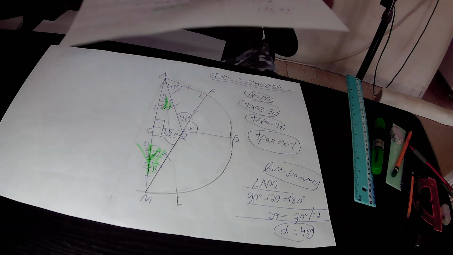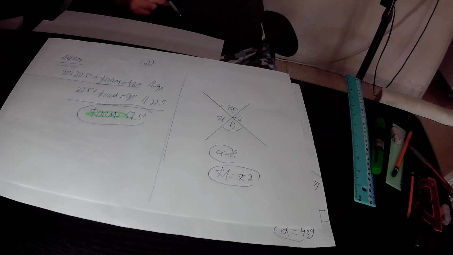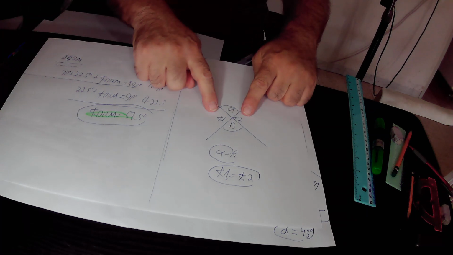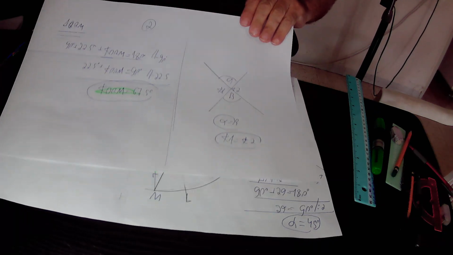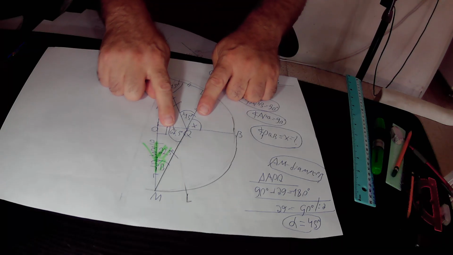So we have the rule that says that vertex angles are equal to each other. Those two angles are defined as vertex angles, therefore they are equal to each other. That is to say, angle alpha equals angle beta. Those two angles are also vertex angles, and therefore they are equal to each other. That is to say, angle 1 equals angle 2. We can implement the rule in our drawing, because in our drawing we have those two vertex angles that are equal to each other in size.